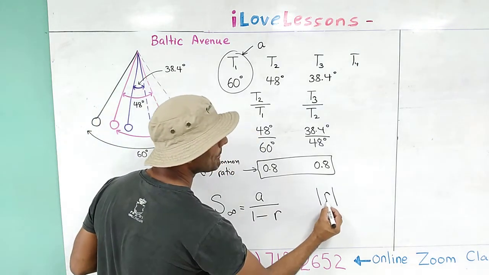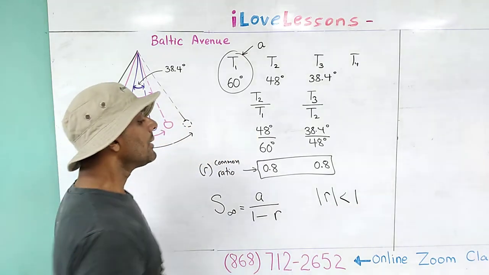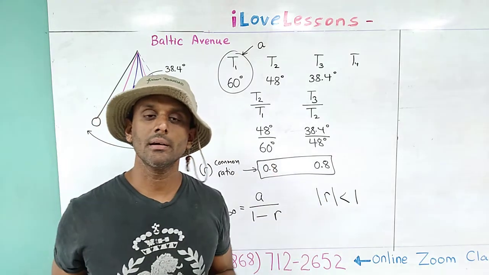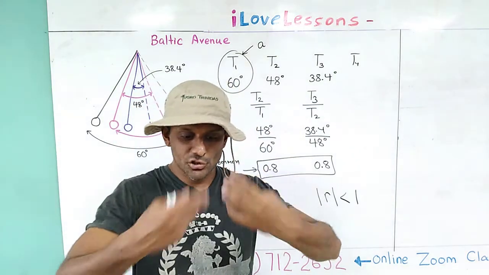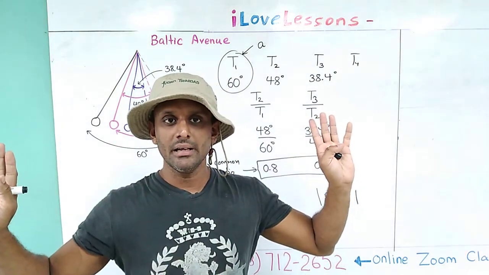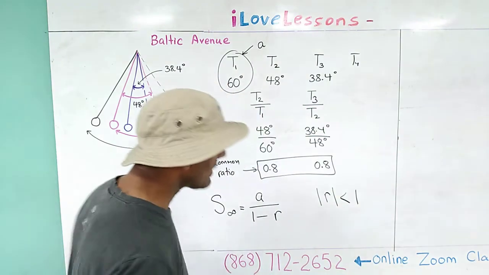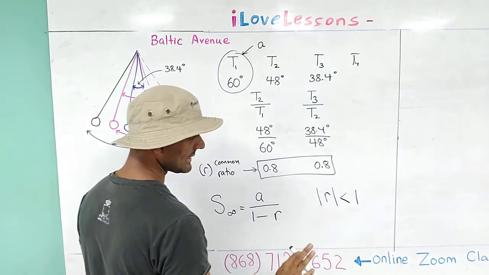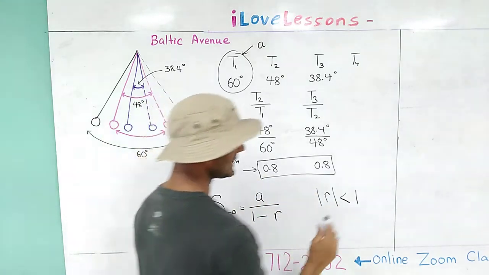Let me explain what the modulus is, right? A modulus basically means you strip away the minus sign. So if something comes with a minus sign, you strip away the minus sign. If it comes with a positive sign, you leave the positive sign. In other words, no minus signs are allowed inside here. A lot of students get confused by this.